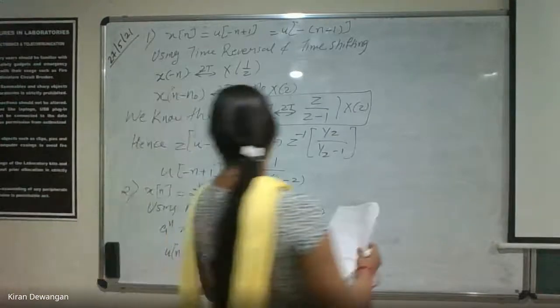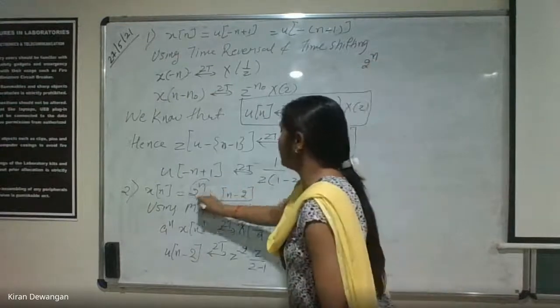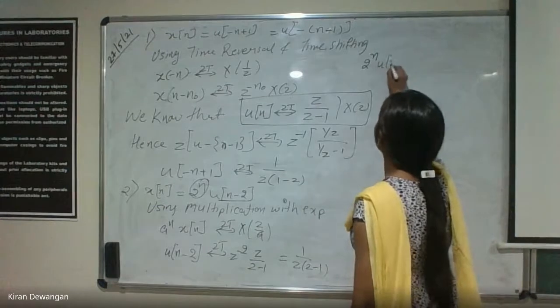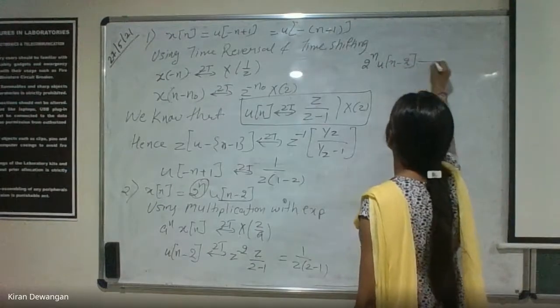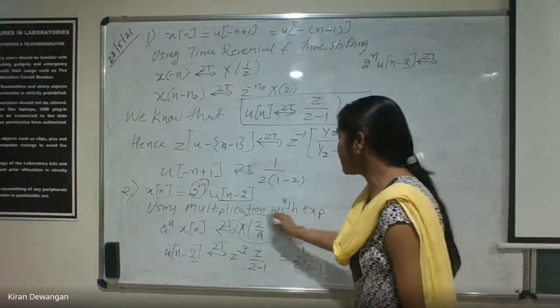Now what we'll have to do? We'll have to multiply 2 to the power n to u of n minus 2. 2 to the power n times u of n minus 2 will have the z transform X(z by 2). So wherever there is z, it becomes z by 2.